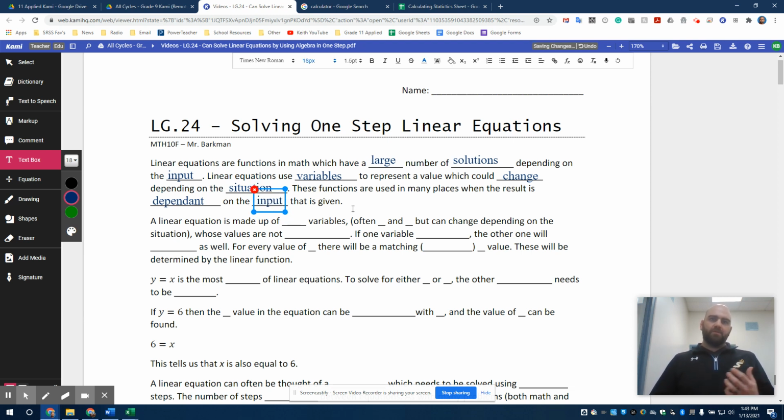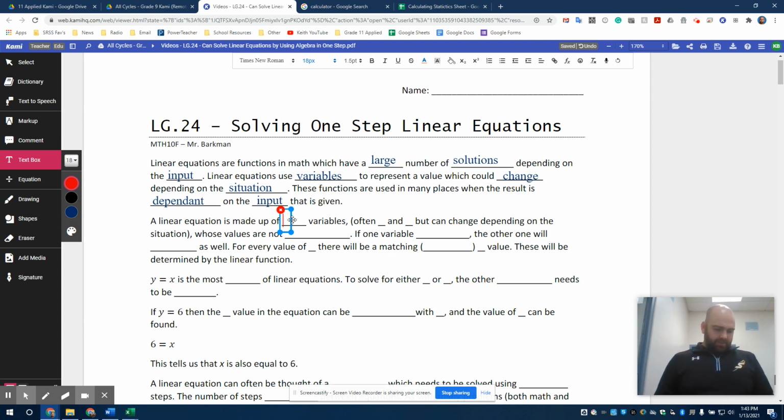So the result that we get is based on the input. If you input a certain number, the result will be something else. And if we change the number, the result will be different, or often the result will be different.